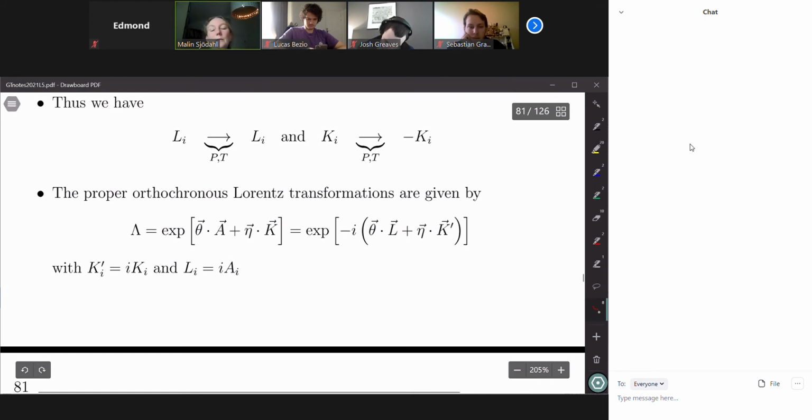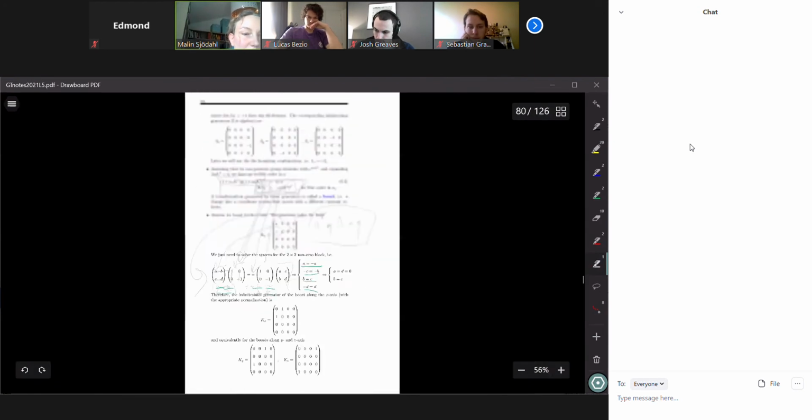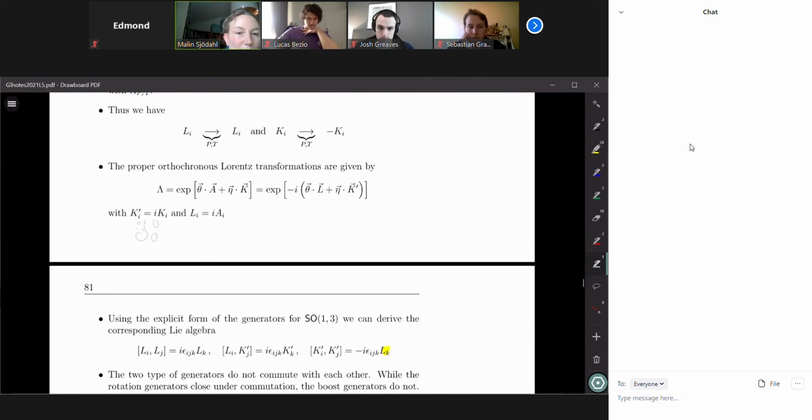Theta dot L, where this is now Hermitian, or theta dot K', where K' is anti-Hermitian. Recall that the K generators had this form and zeros everywhere else, for example, for the boost in the x direction.